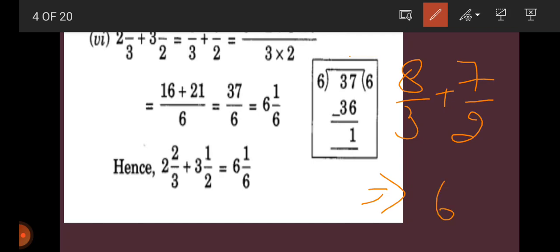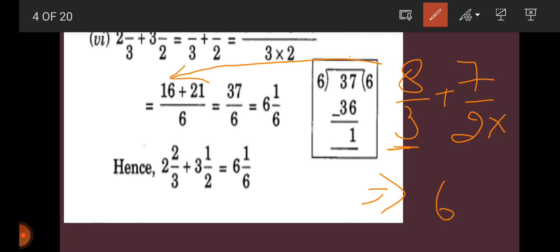What should I multiply to get the denominator 6? 3 to 6, so I multiply numerator and denominator by 2, so 8 becomes 16.